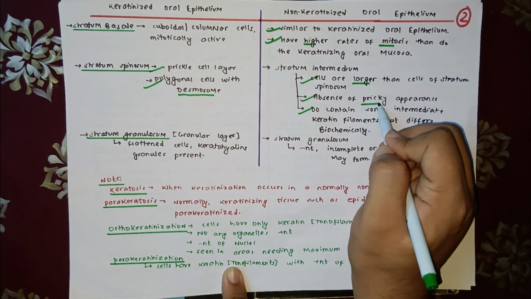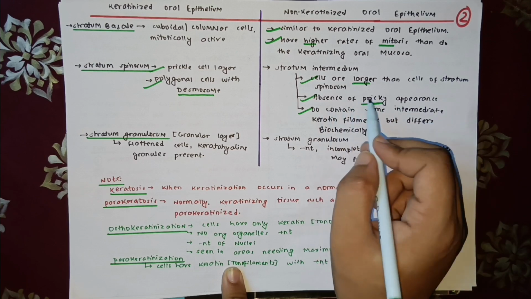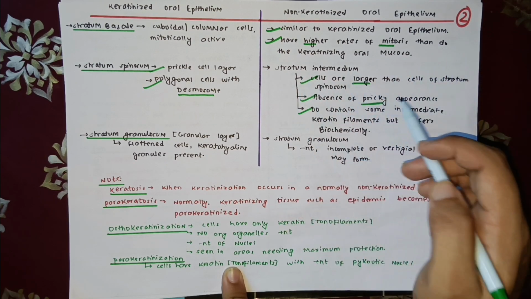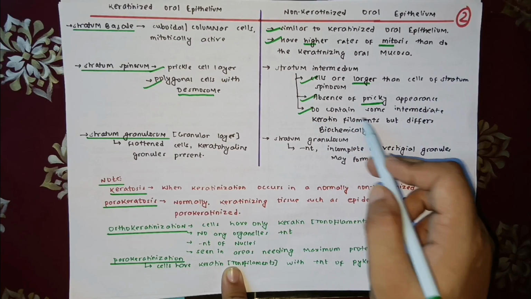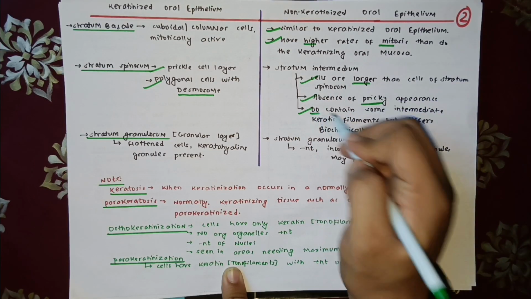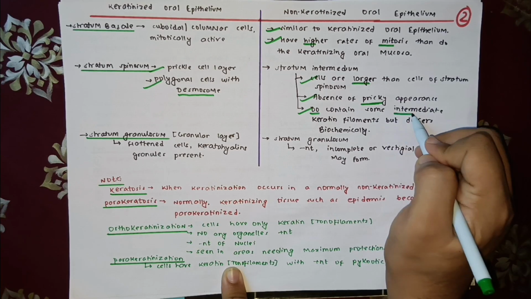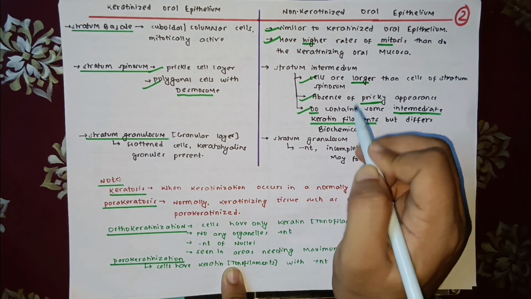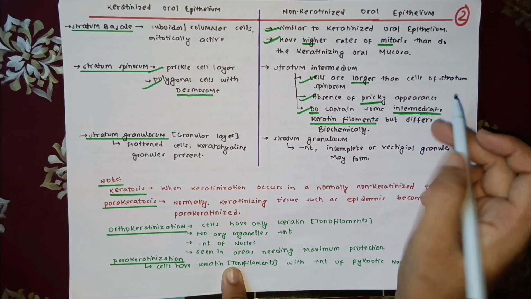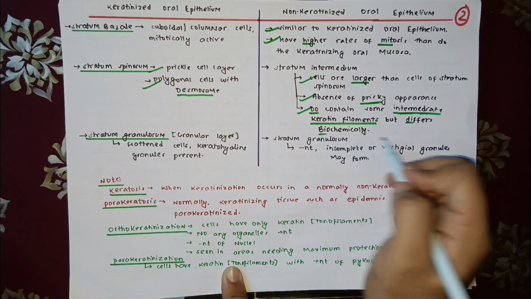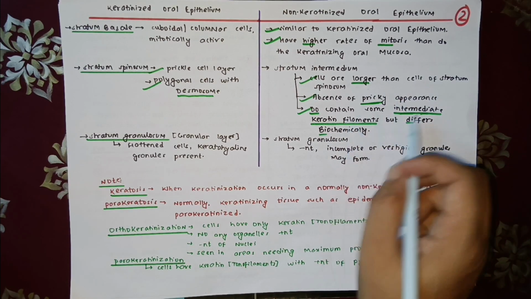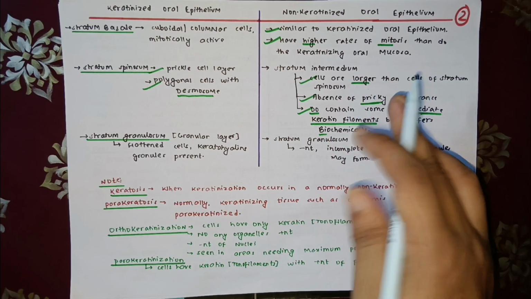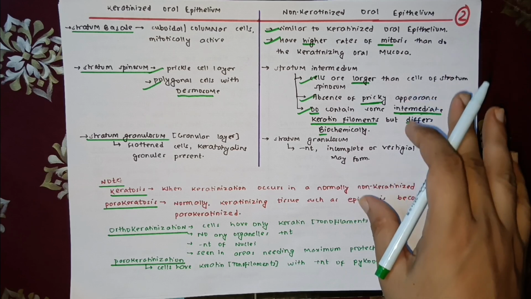We do not have a prickly, spiny appearance here. It does contain some intermediate keratin filaments, which is very important, but they differ biochemically. So you can just remember: the cells are larger, there is no prickly appearance, and intermediate keratin filaments are present in the stratum intermedium layer.